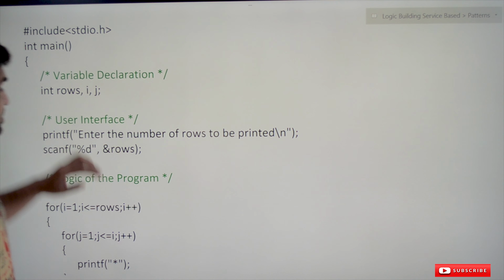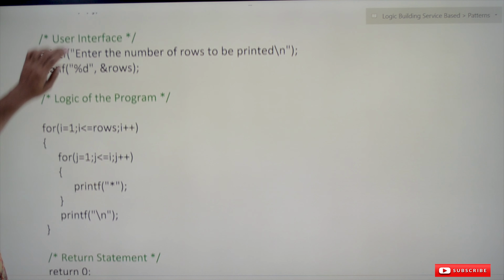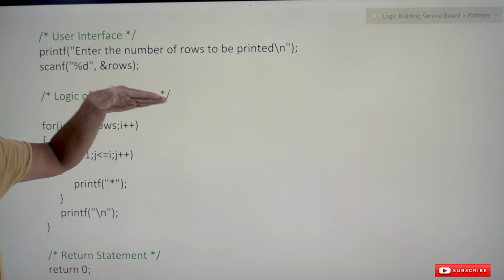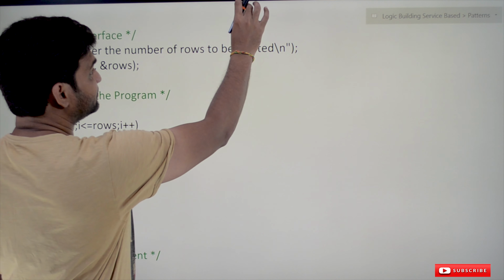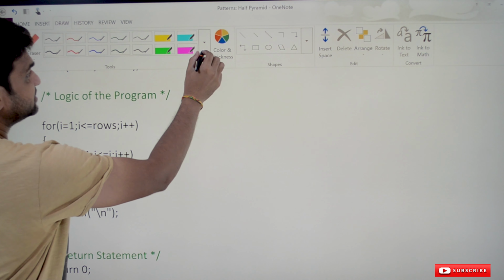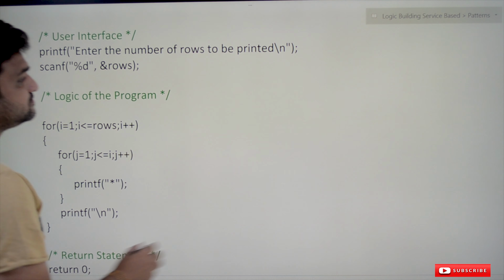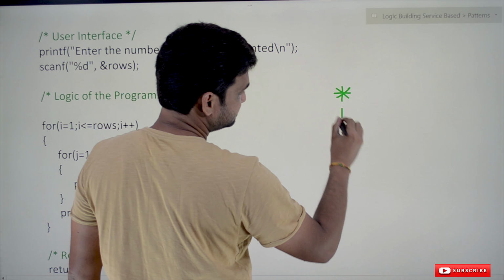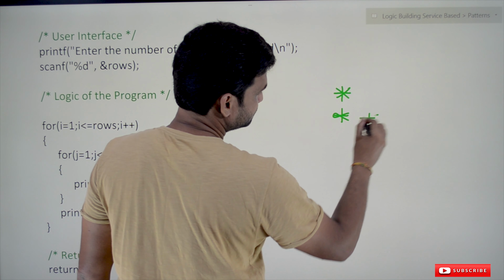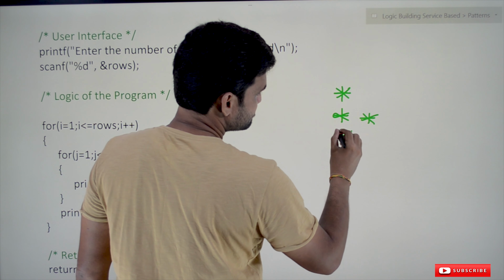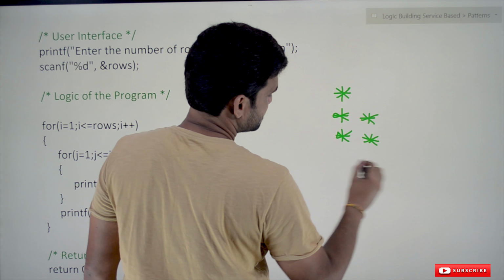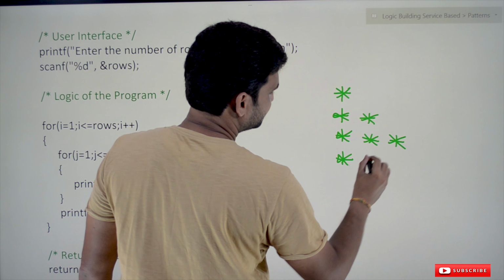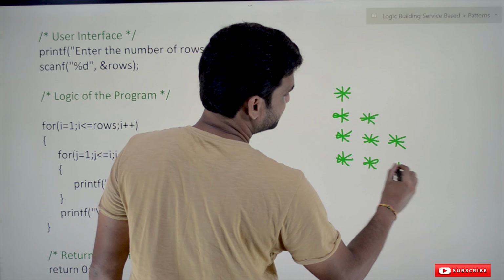In the user interface, we are going to ask the end user to enter the number of rows to be printed. So in the pattern, how many rows do we have? This is the pattern that we would like to print in the final output.